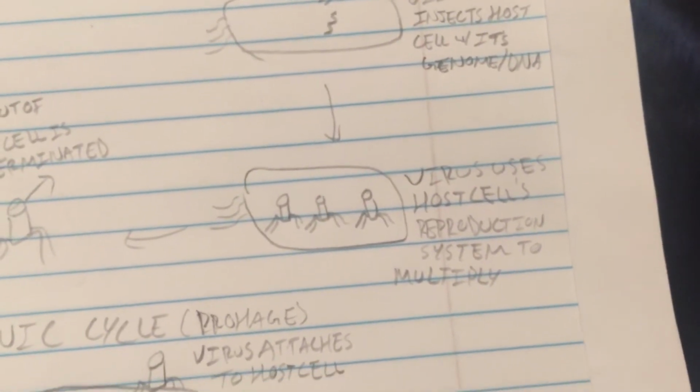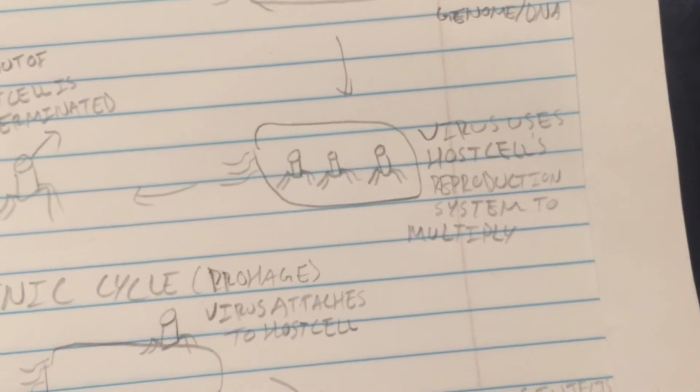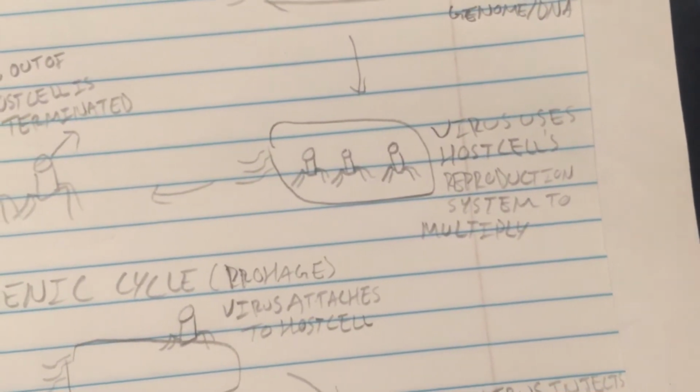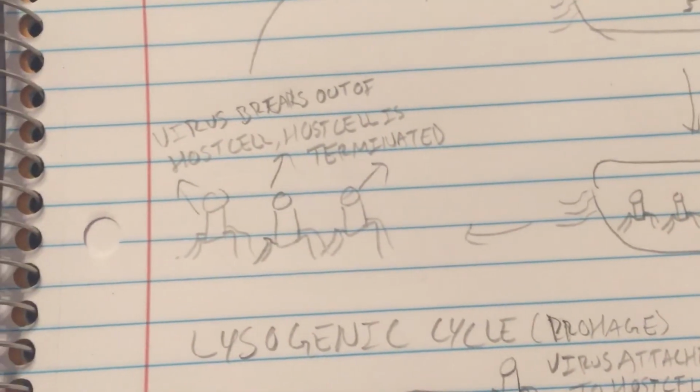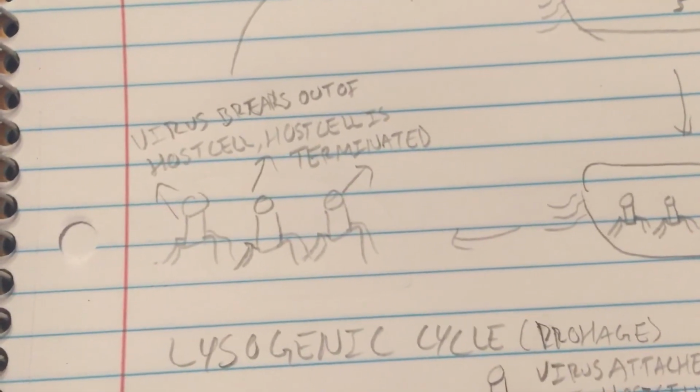Through the use of the host cell's reproductive system, the virus will reproduce and multiply within the cell, which then would later break out of the host cell. The host cell will be terminated, the virus will spread, and then it would attach again to another host cell.